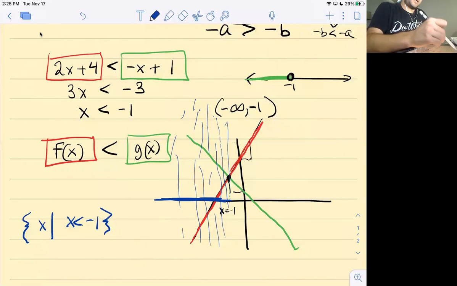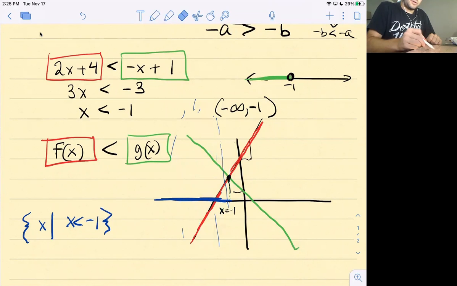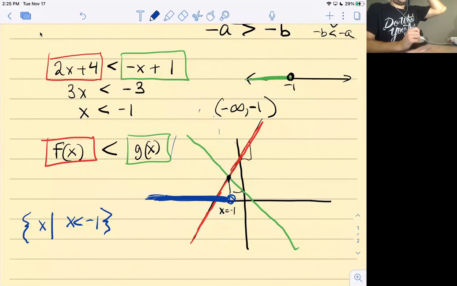And actually, I'm going to erase these. I don't want to, because later we're going to do something else with these. Okay. And over here, I'll put an open circle. Yeah, I probably shouldn't shade it. I'm purely asking about the x area.